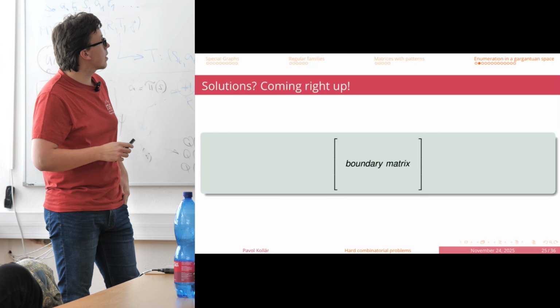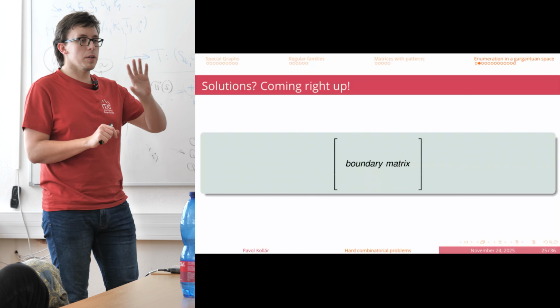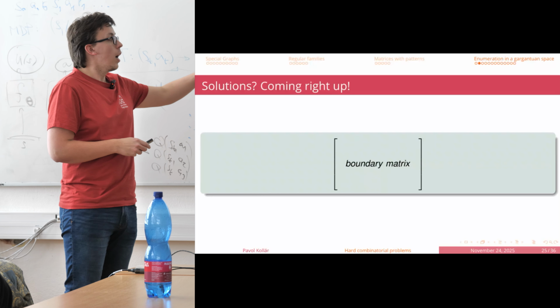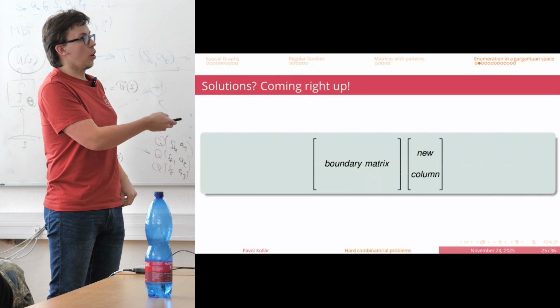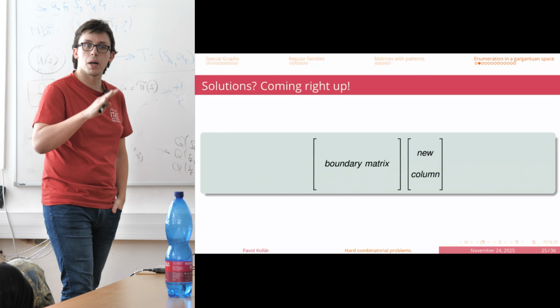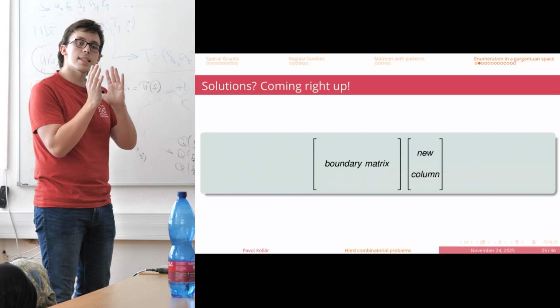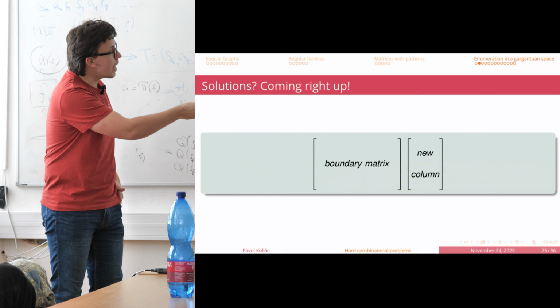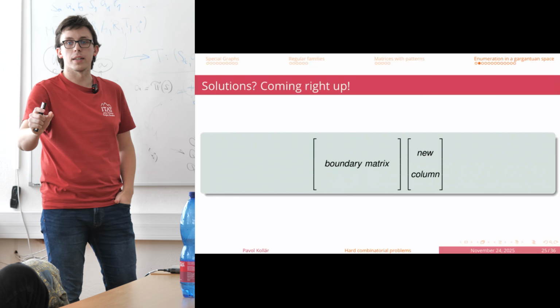And the cleverness stems from the fact that if you have a boundary matrix and you already checked that it's boundary, then by adding one more column to it, the only thing that can go wrong in terms of being or not being a boundary matrix is that the last columns of the established boundary matrix and the new column create something that's forbidden.